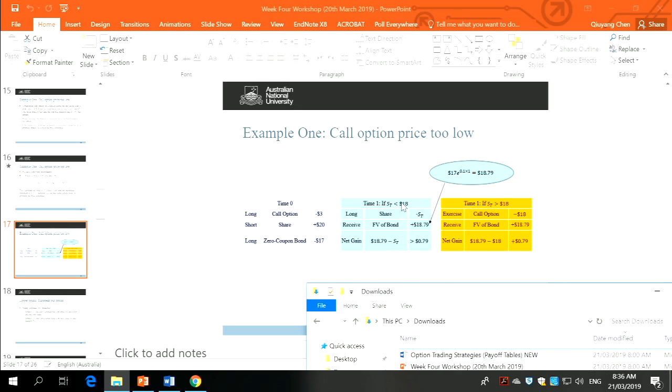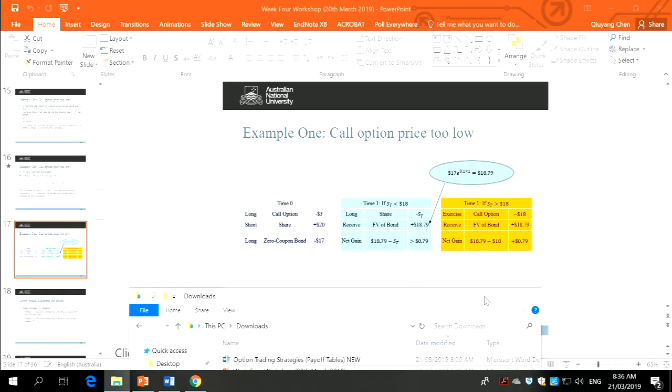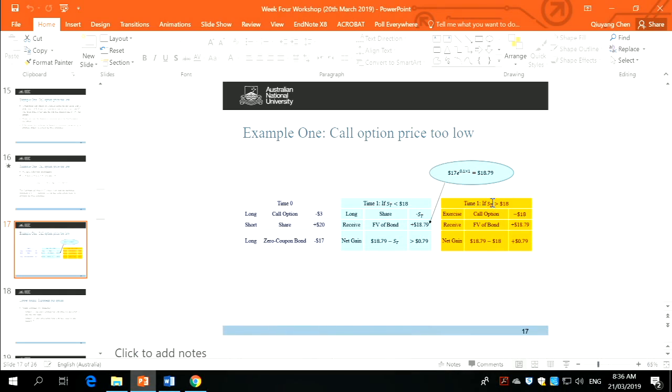Now the alternative situation is where the share price finishes higher than the strike. Now if it's higher than the strike, then our call option will be in the money, right? So then we should exercise this in-the-money call option. Exercising the in-the-money call means we need to pay the strike price $18 to buy the underlying share. We have the money to pay the strike price.